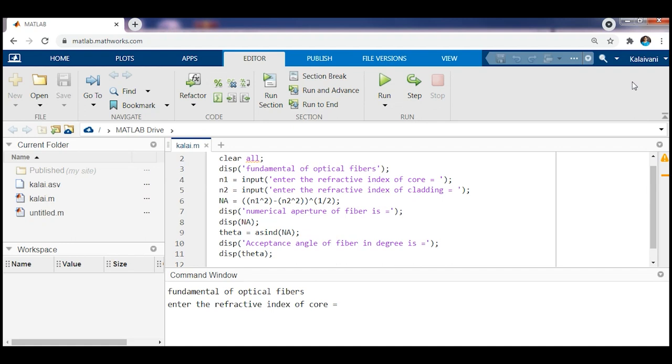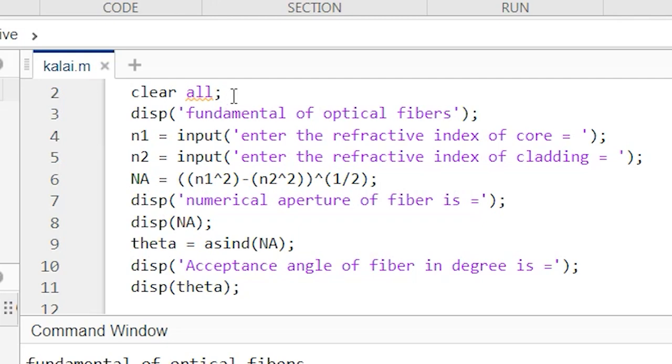So this is the Matlab coding in order to find the numerical aperture and acceptance angle of a fiber. The first command is clear all, which clears all the already existing variables. Then display fundamentals of optical fibers, which gives the heading, and the first input is enter the refractive index of core, that is n1.